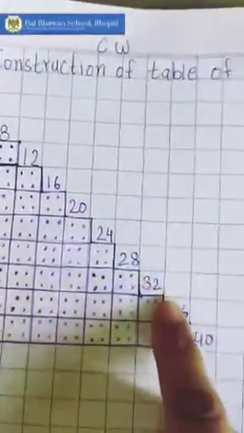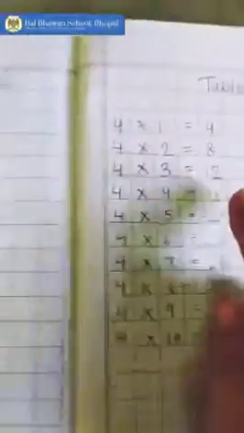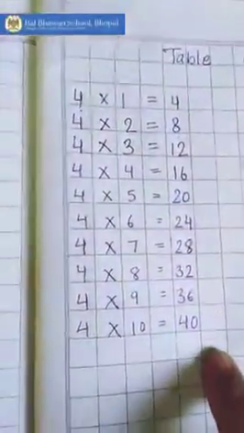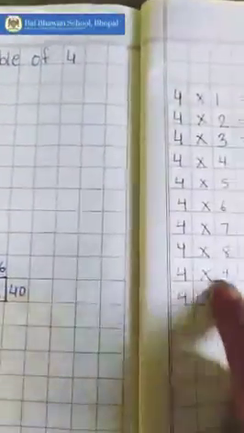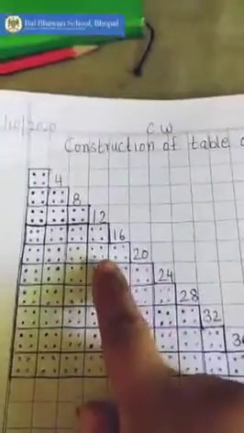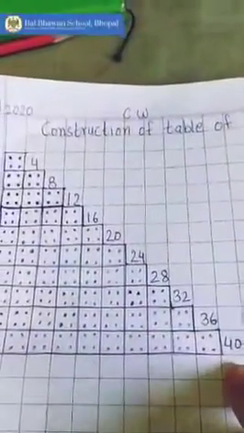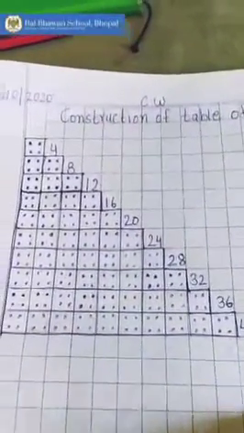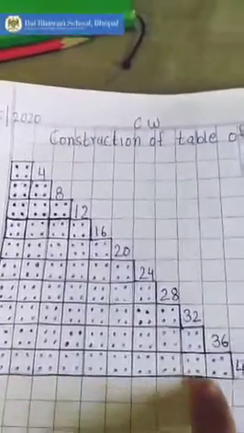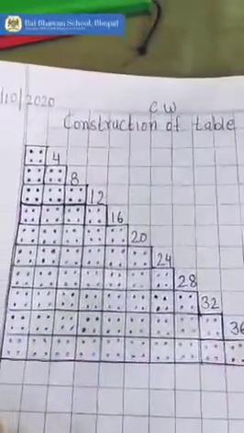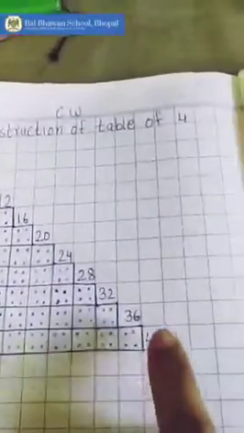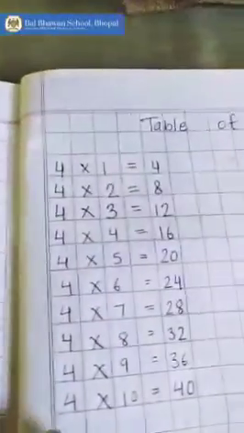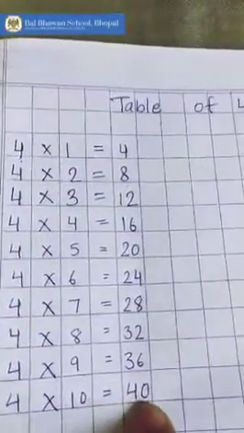Likewise, I have done the rest of the construction and I have written my table here following the same line. You will also follow this pattern and you will construct your table of 4, and in last 10 squares, in each square 4 dots will give us 40, and 4 10s are 40.